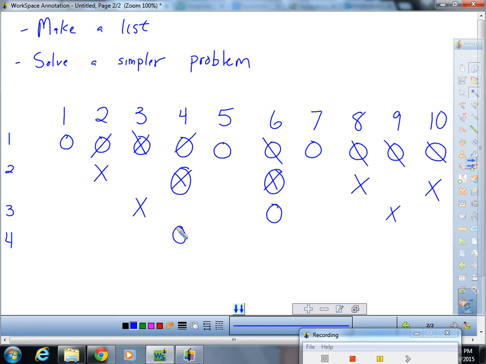Okay. 8 was closed, and now it's open. The fifth student comes in, and they are going to close 5, and they are going to open 10.